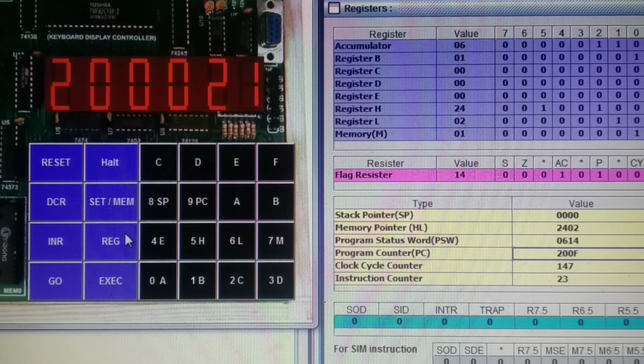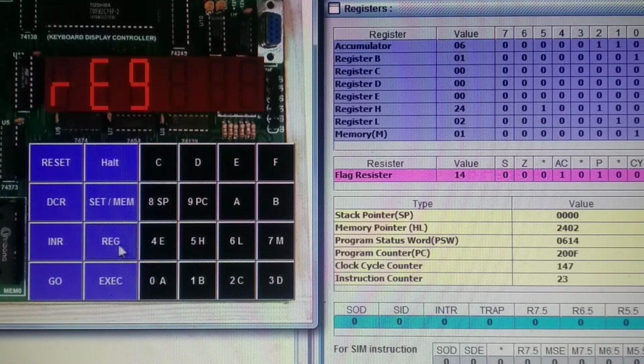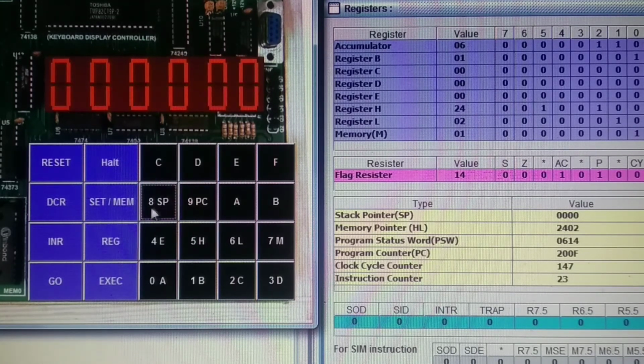Register C not used, register D not used, register E not used, register H used 24, L 02, memory 01, stack pointer and program counter.